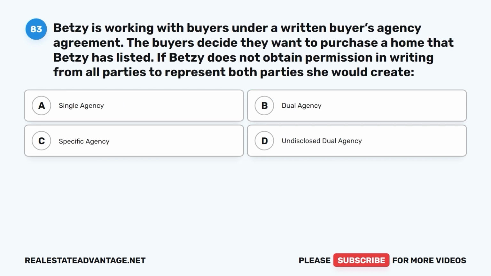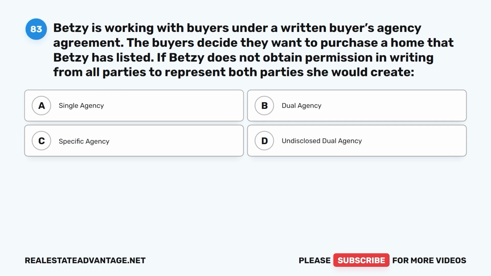Question 83. Betsy is working with buyers under a written buyer's agency agreement. The buyers decide they want to purchase a home that Betsy has listed. If Betsy does not obtain permission in writing from all parties to represent both parties, she would create A. Single agency. B. Dual agency. C. Specific agency.